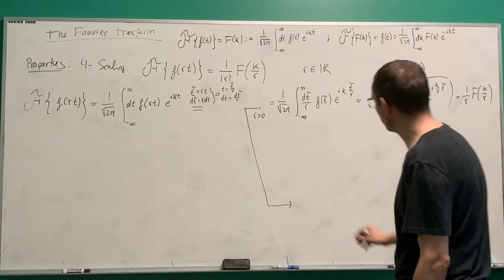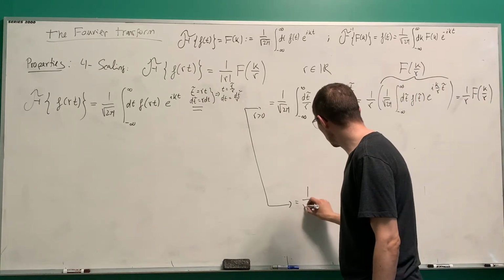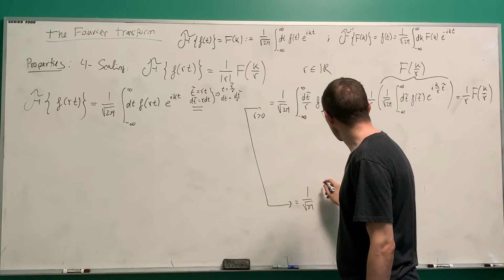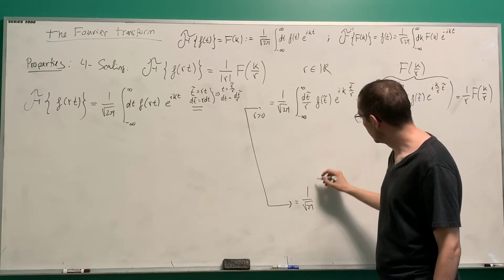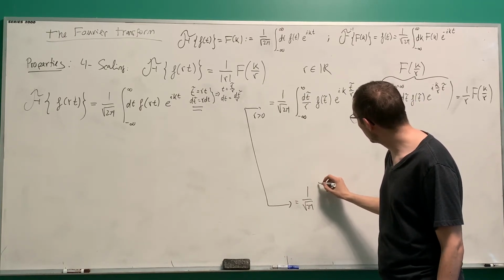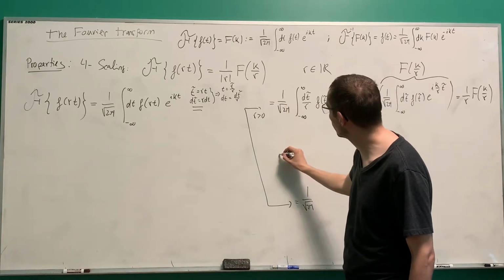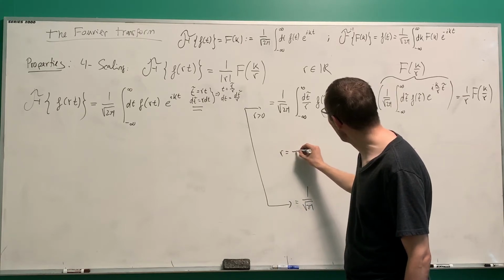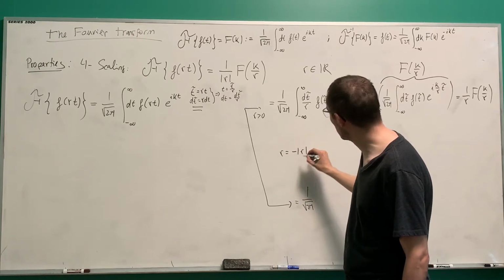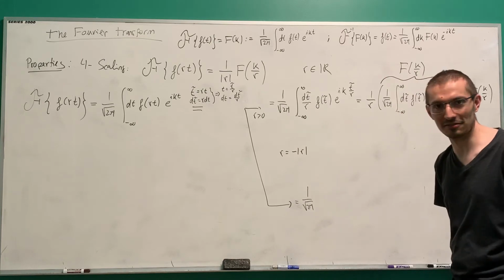Well, when it's negative, I get 1 over root 2 pi. Now, first, the limits. What I'm going to write here is I'm going to do something else. If r is negative, it's equal to minus modulus r. That's what it means to be negative.